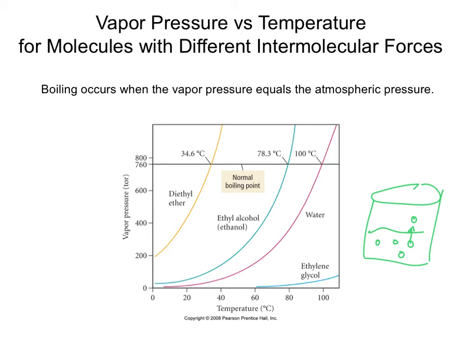So, when does boiling occur? When is there so many bubbles that the whole thing just completely vaporizes? And you've got a force of the molecule trying to get out, and then you've got the atmospheric pressure keeping it in the liquid phase. And so it's a balance between those two.